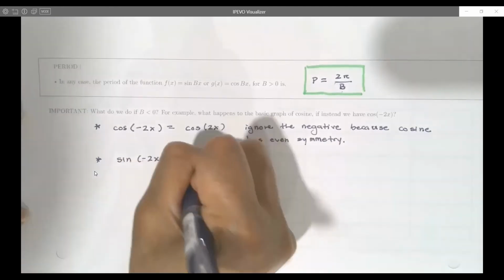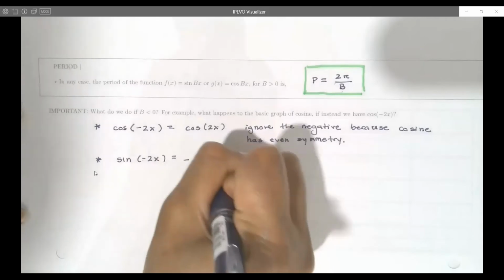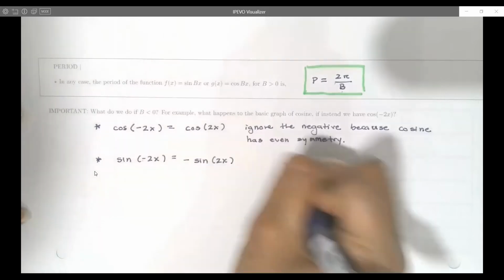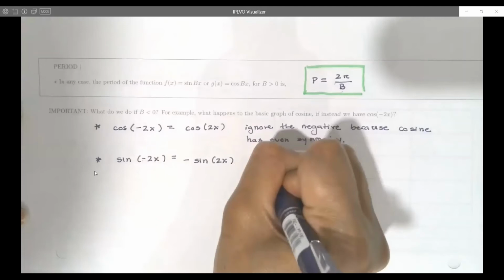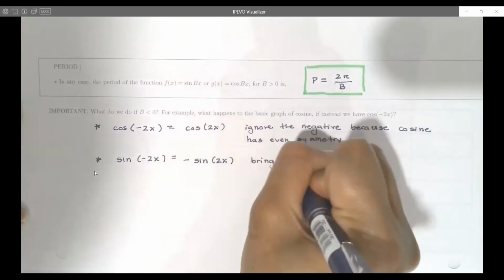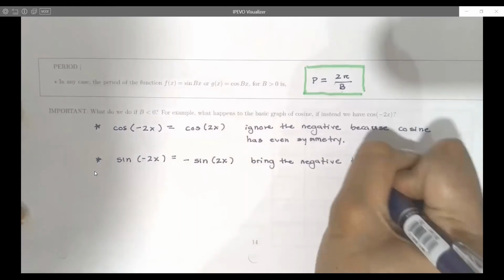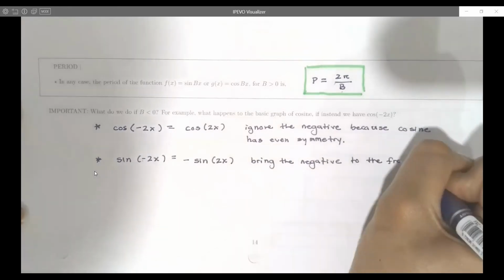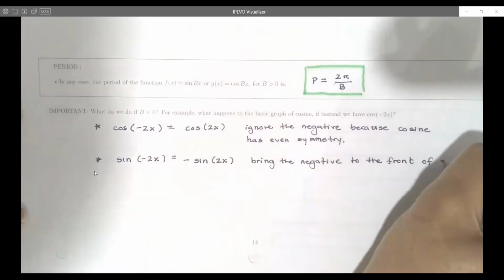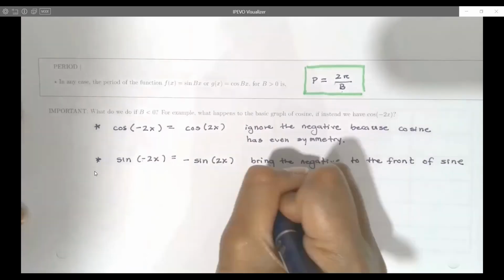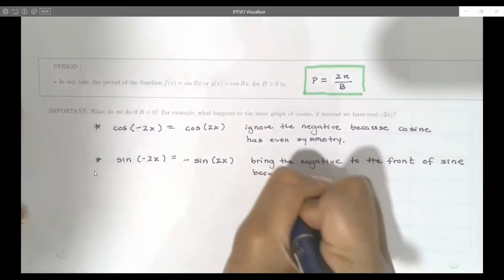So you write negative times sine of 2x. What this means is bring the negative to the front of sine, because sine has odd symmetry.